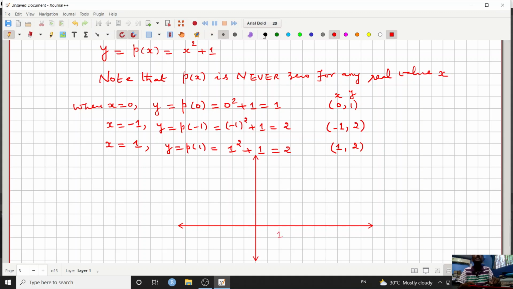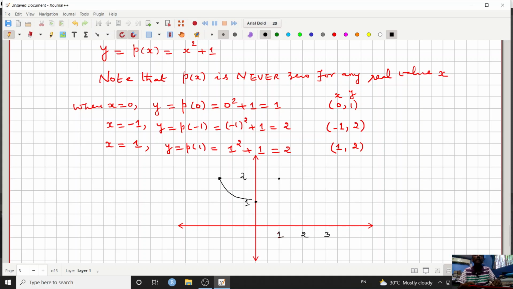Let us mark the points: this is 1, this is 2, this is 3, and on the y-axis 1 and 2, and so on. When x is equal to 0, the parabola takes the value 1 here. When x is equal to 1, the parabola takes the value 2. When x is minus 1, the parabola is here.